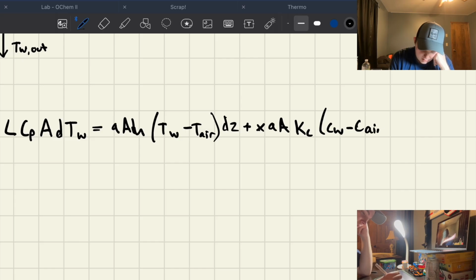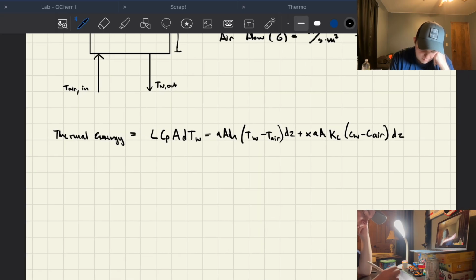This time we're going to have delta C instead of delta T dz.